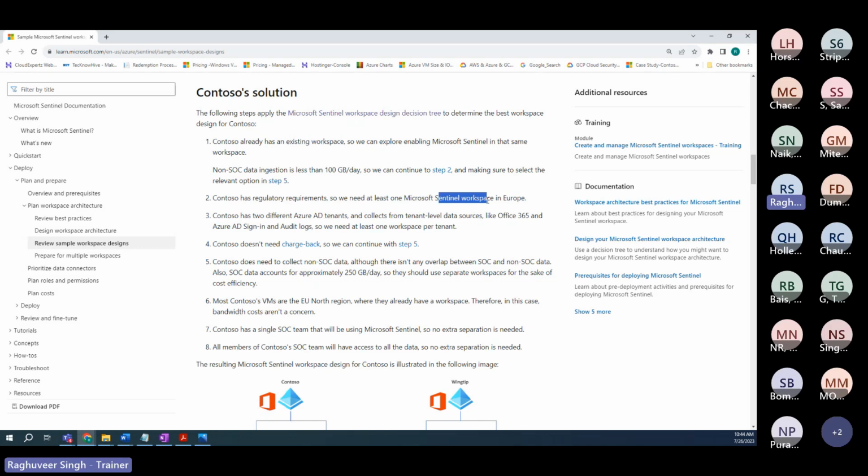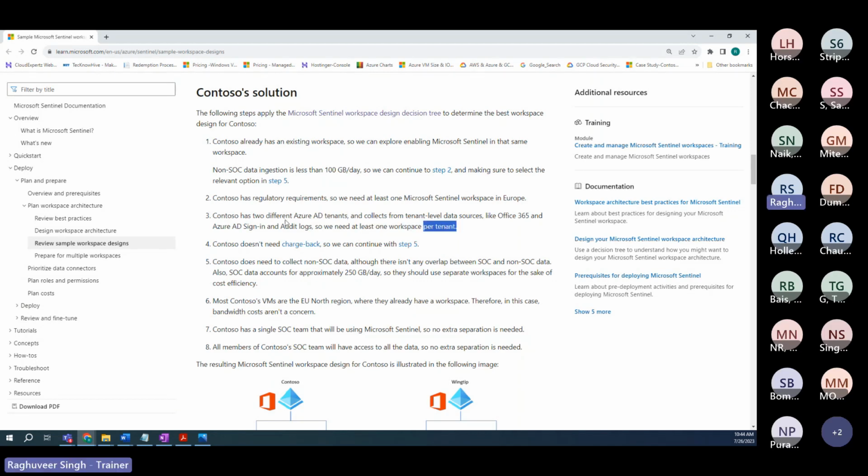Third, they have 2 different Azure AD tenants and collect logs from tenant level data sources like Office 365, Azure AD sign-ins, and audit logs. So we need at least one workspace per tenant. Now this is where you can understand that since tenants are isolated in nature, they are creating a separate workspace per tenant.